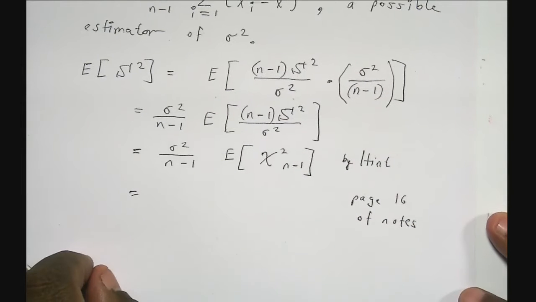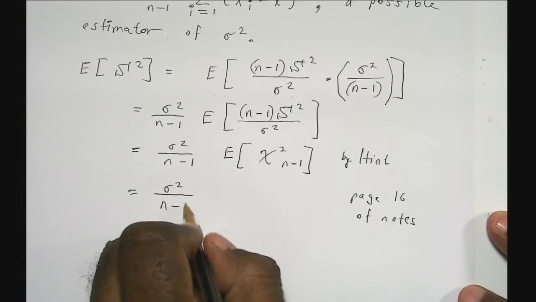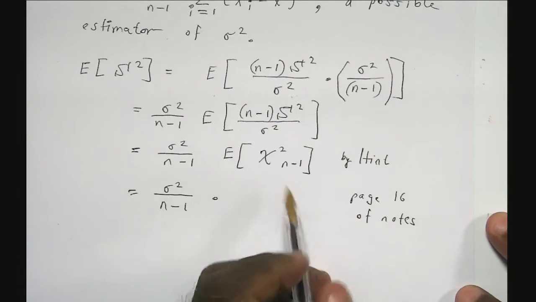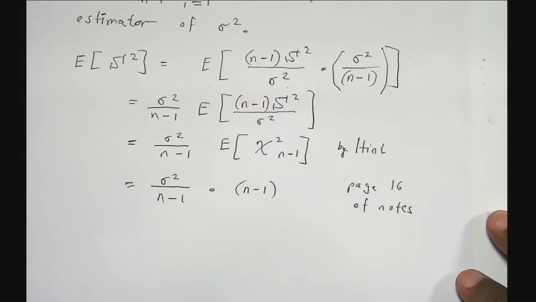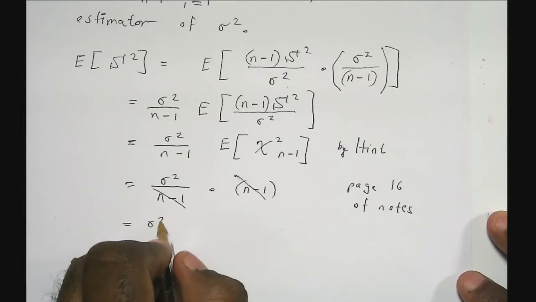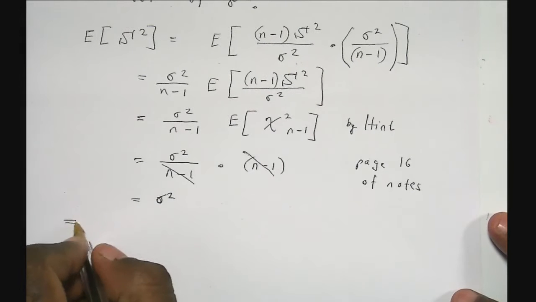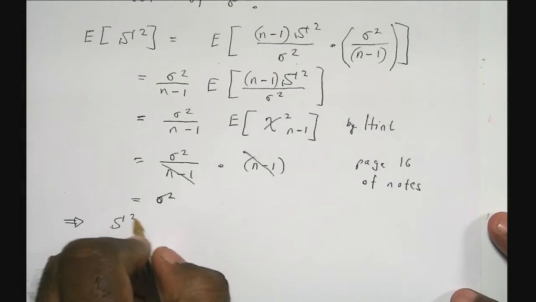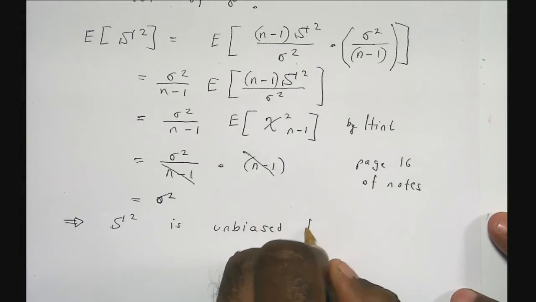If you look at page 16 of the lecture notes, I know we haven't come to this stage yet, you will see that one of the properties I have given you is that the expected value of something like this is equal to n minus 1. So this cancels out with this, and you get the expectation equal to sigma squared, and therefore s squared is unbiased for sigma squared.